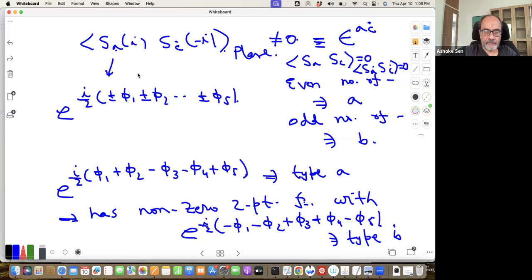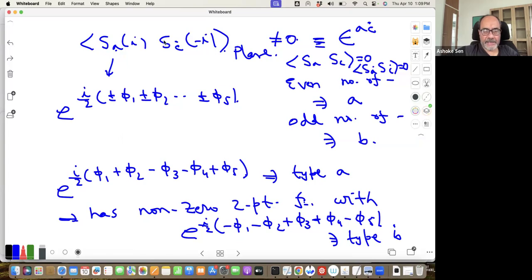About the vertex operator that you have written here, is the statement that this is the only one which will have a non-zero OPE with that? You can see from here, right? Because if all of them are plus, then the only one with which it will have a contraction is when all of them are minus.